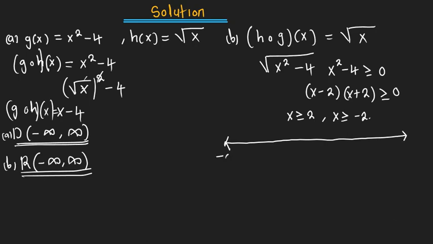So I have negative infinity, and then I'm going to have my positive infinity, and then I'm going to get my negative 2 here, and then I have my 2 here.